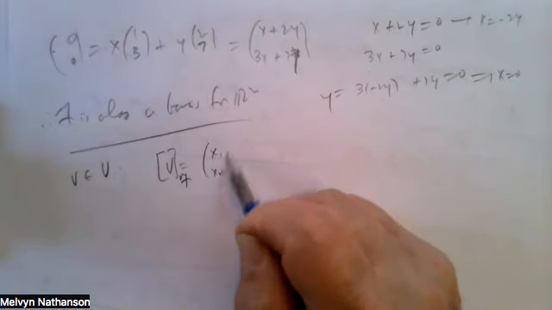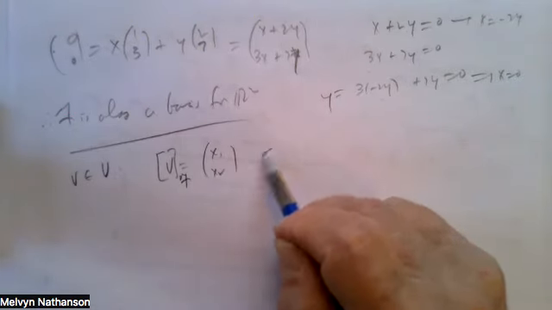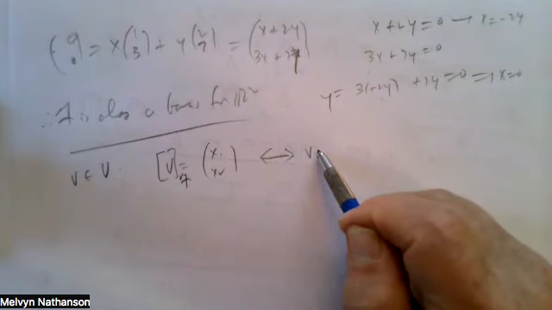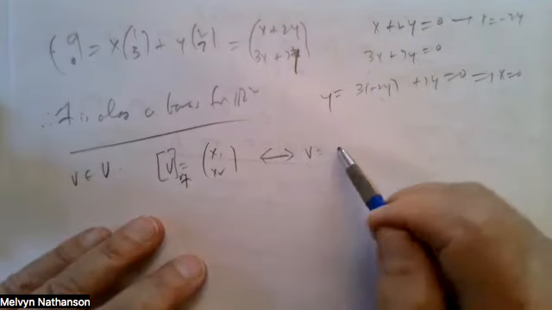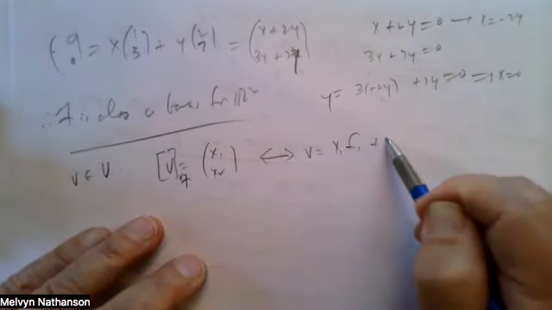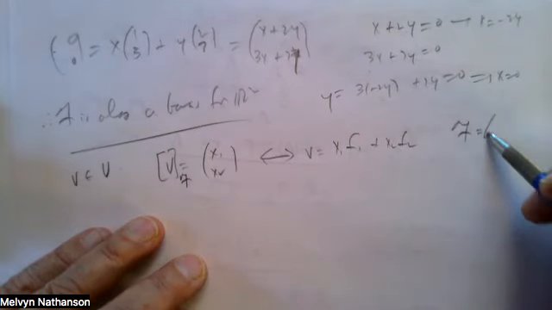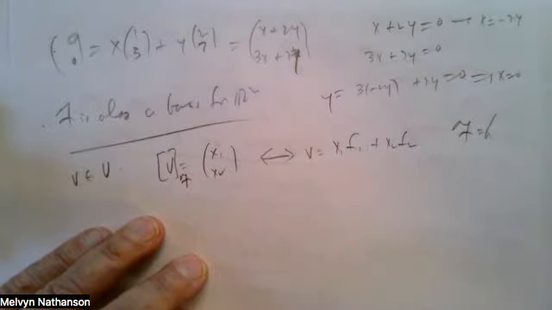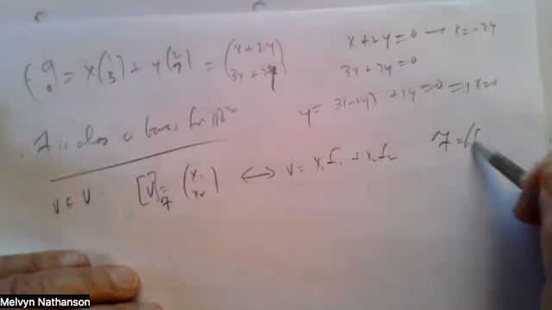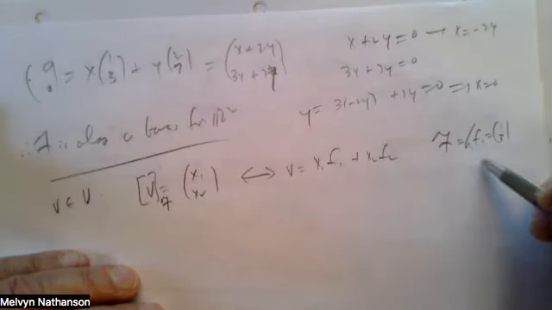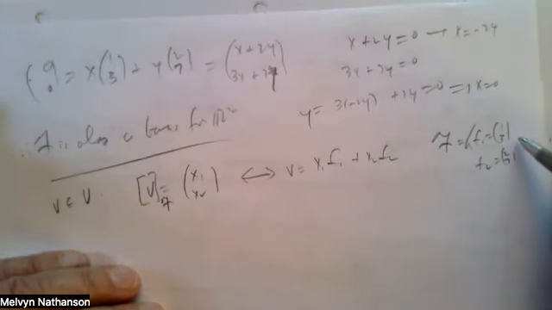If this is x1, x2, this is the same as saying that the vector V is x1 f1 plus x2 f2, where f1 is (1, 3) and f2 is (2, 7).